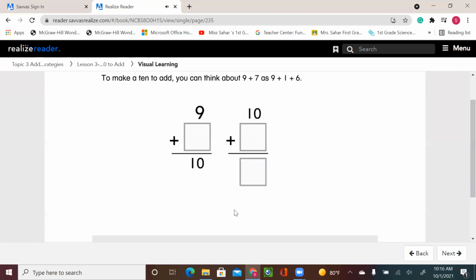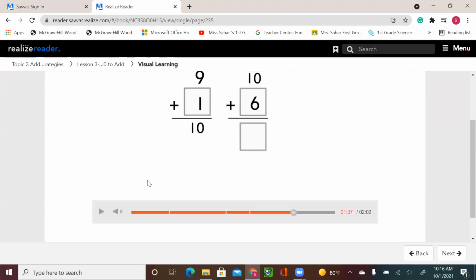To make a 10 to add, you can think about 9 plus 7 as 9 plus 1 plus 6. How do you know that 9 plus 7 is equal to 9 plus 1 plus 6? Because I know 1 plus 6 equals 7. That means 9 plus 7, and my equation, 9 plus 7.